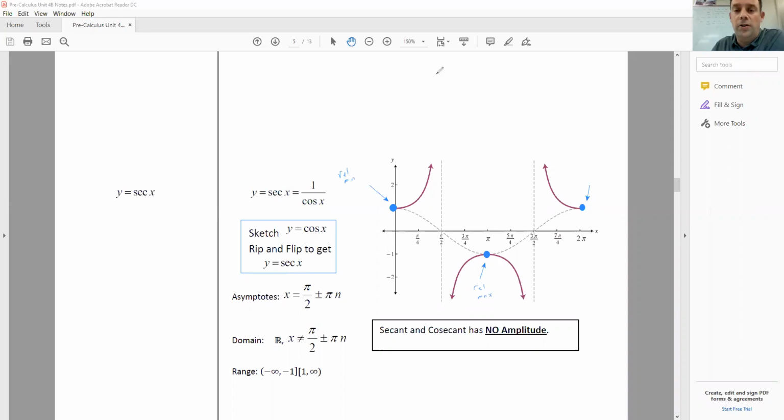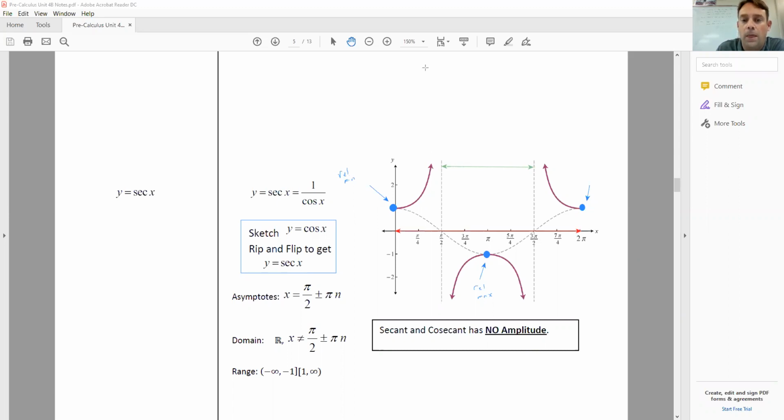Another thing to think about here, and we can go back up to cosecant and you can see it as well. If you notice, this distance between my asymptotes, it's not the full period length. The period length was 2 pi. So that's my period length.